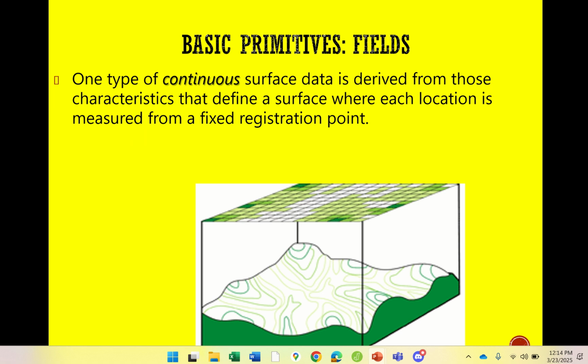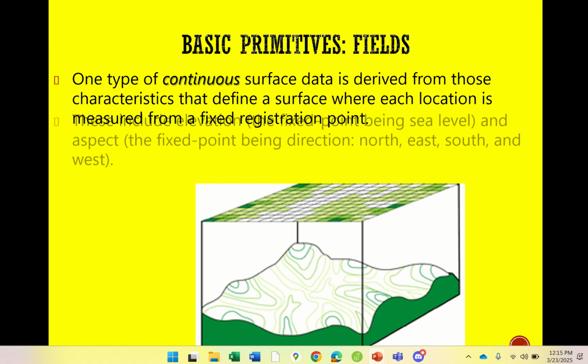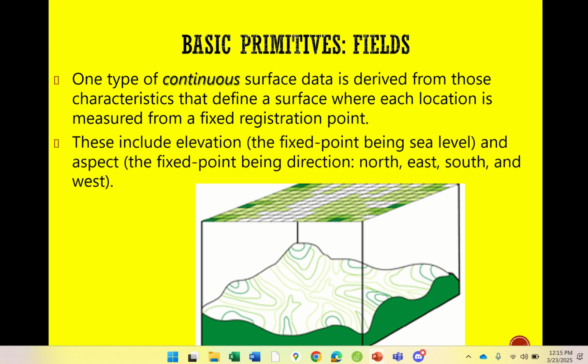A common way that it's expressed is MASL, meters above sea level. So in this case, we're describing a continuous field variable, elevation, in relation to the 0 point, which is sea level. So all the elevations at each of those grids or along that surface are going to be in reference to 0 or sea level. That's the fixed point from which all of the field data or the continuous data is determined.